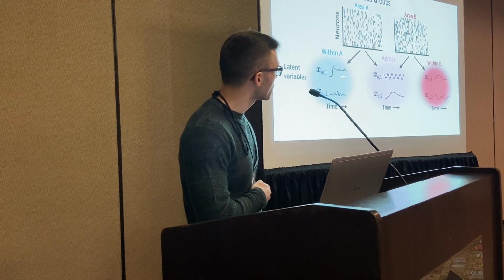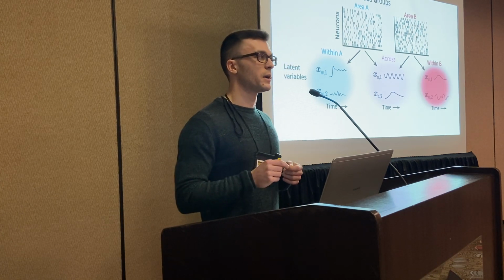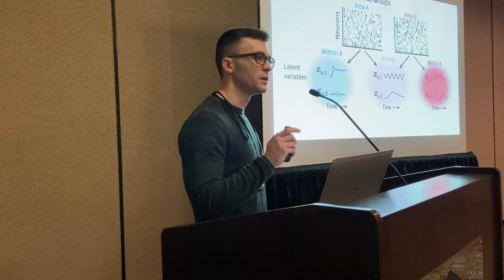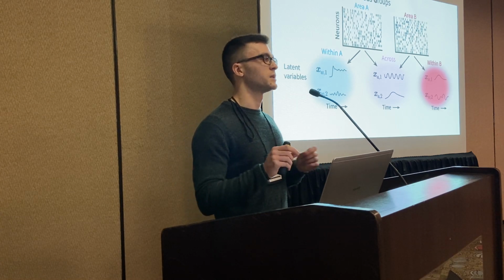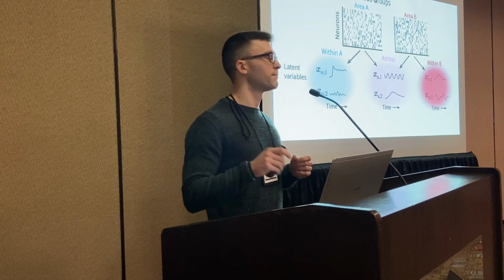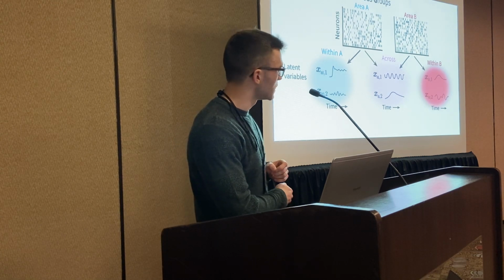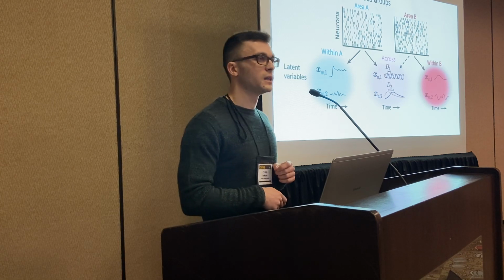We model the time courses of these latent variables with Gaussian processes. I'll be talking about that quite a bit more in the second part of this talk. But for now, all that you need to know is that each of these latent variables is associated with a characteristic time scale, which tells you how quickly they vary. But critically, for this model, we also associate each across-area latent variable with a relative delay.